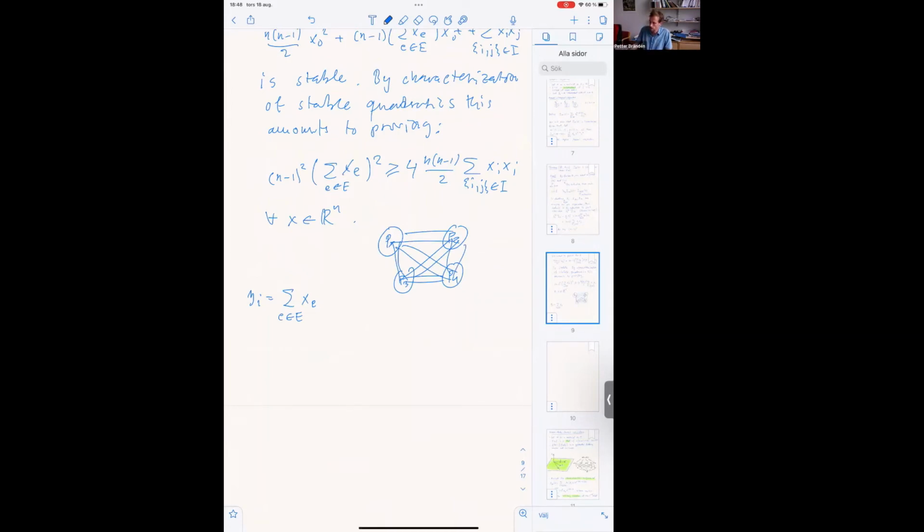It says that if we divide by n minus 1, y_i doesn't depend upon i. Oh, sorry, it should be e, right? Yeah, sorry. It doesn't make sense at all.